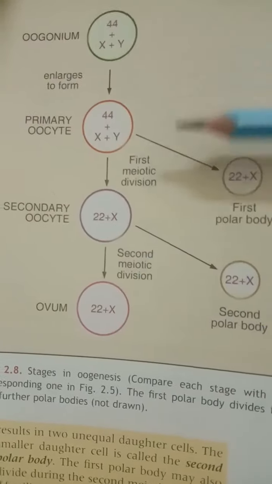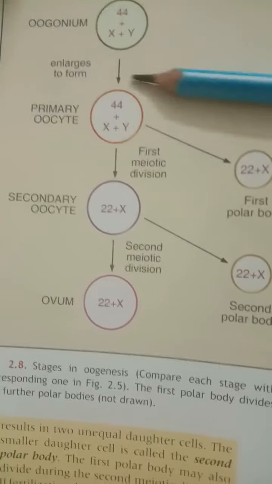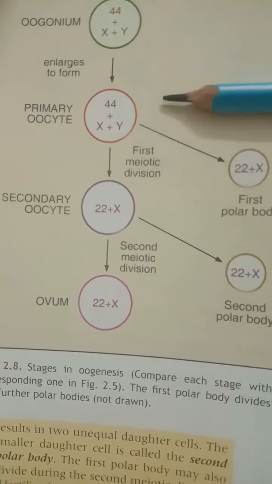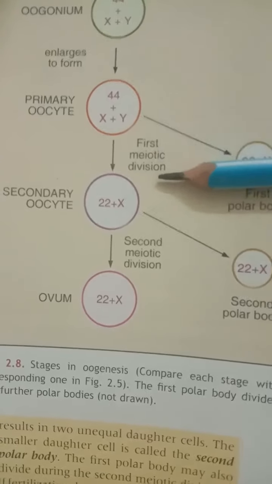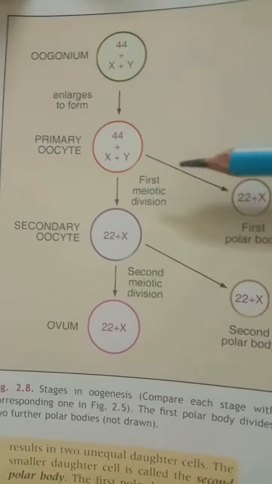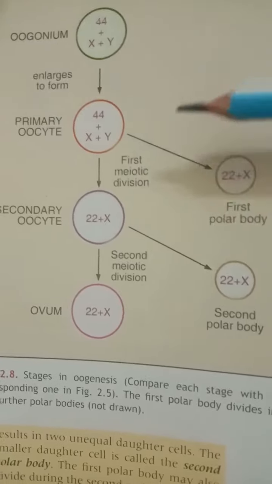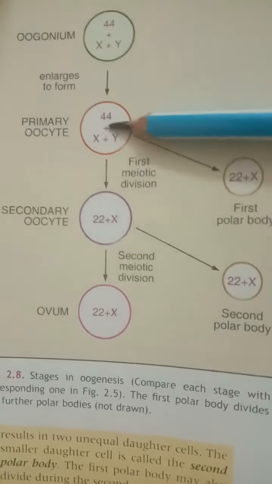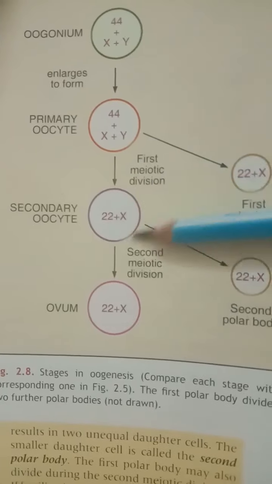So let's see how ovulation occurs. After puberty, at each cycle a few primary oocytes mature, and the first meiotic division is completed just before ovulation. The first meiotic division is unequal, and most of the cytoplasm goes into one daughter cell, forming the secondary oocyte.